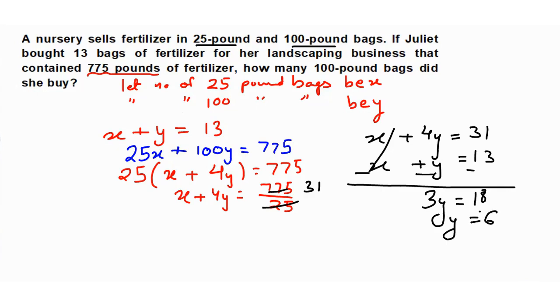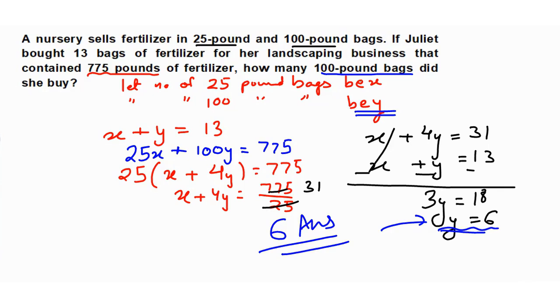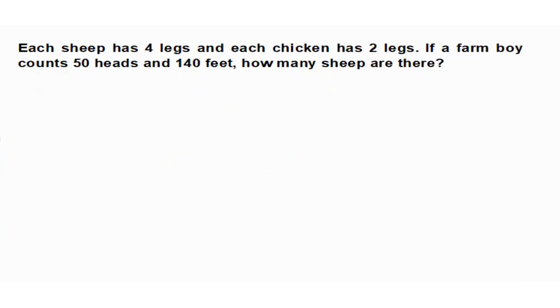You can continue for x, but there's no need because the question asked how many 100 pound bags did she buy. We decided that she bought y 100 pound bags. And now the 100 pound bags are coming as 6. So this 6 is going to be the answer. She bought 6 bags of 100 pounds.